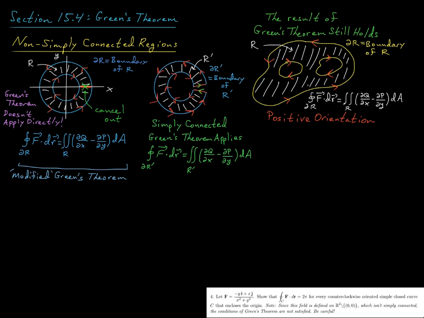With that orientation, we still get that the line integral of our vector field over the boundary, where again I have to pay attention to orientation, is equal to the double integral of this quantity, partial q partial x minus partial p partial y, over the region R.